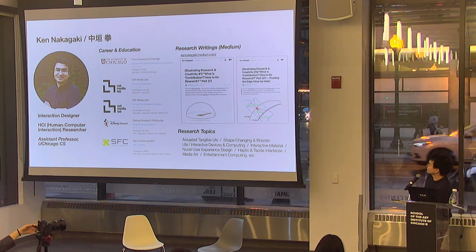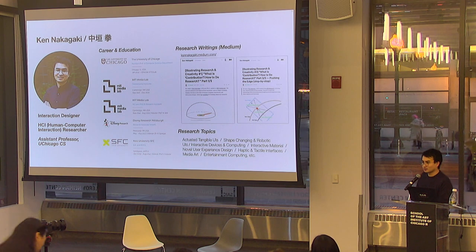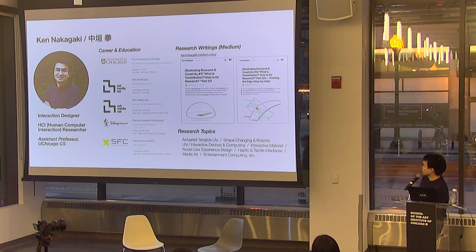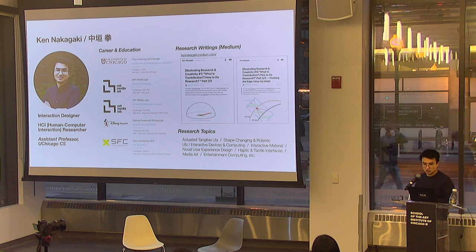I am currently an assistant professor at UChicago in the computer science department, but from my undergrad, I have always been in really interdisciplinary domains or departments, where I was studying interaction design, a mix of design and engineering, and did my master's and PhD at the MIT Media Lab, which is really interdisciplinary.